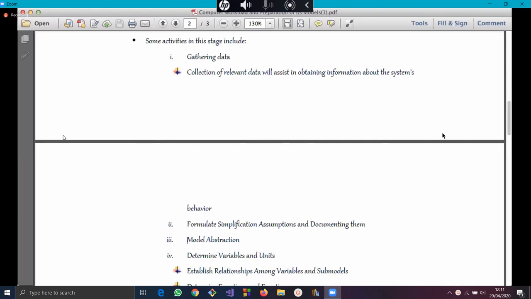In other words, I put these things together and then see how they interact to give what I need. So the next thing that you do in model formulation is determine the variables and the units, which I think I've mentioned up there, and conduct the measurement.